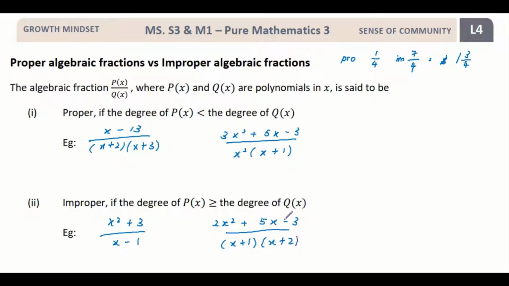The degree of the numerator is 2 and the degree of the denominator is also 2. If they are the same, it's improper as well. For a proper fraction, it must be smaller. So for today's lesson, we'll look at partial fractions for proper algebraic functions first.